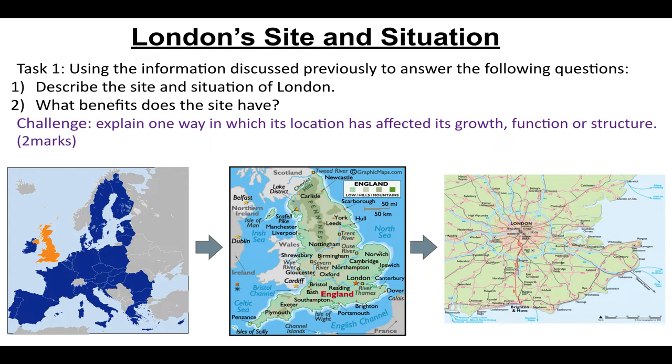What we said the land in the southeast was like. And the situation is relative to other places, relative to the rest of Europe, relative to other cities, relative to the coast. Where is it? And if you can, what benefits does that site have? Why does it matter that it's on a river? Why has that been so important in London's history and past?